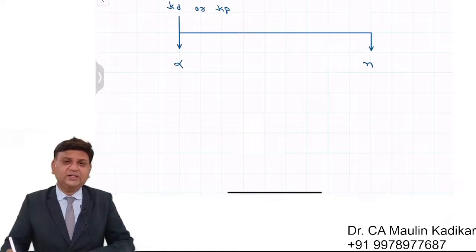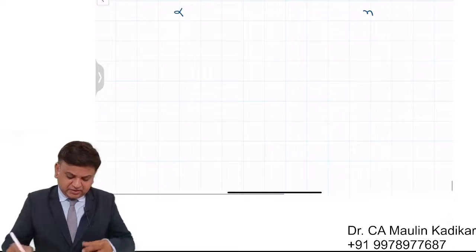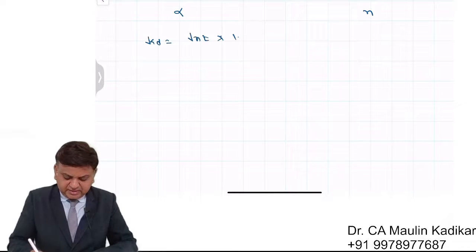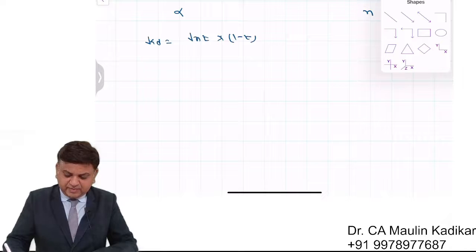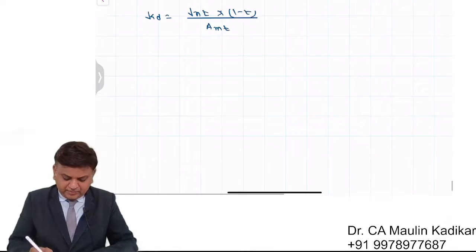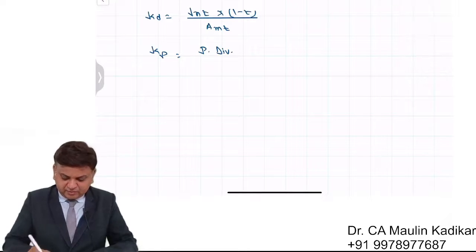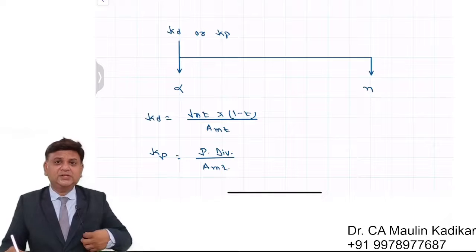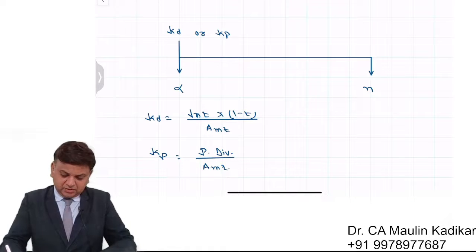If the security is issued for perpetuity, then the cost of debenture is calculated as interest into 1 minus t divided by amount, and the cost of preference is calculated as preference dividend divided by amount. This is the way we calculate the answer if the security is issued for perpetuity.